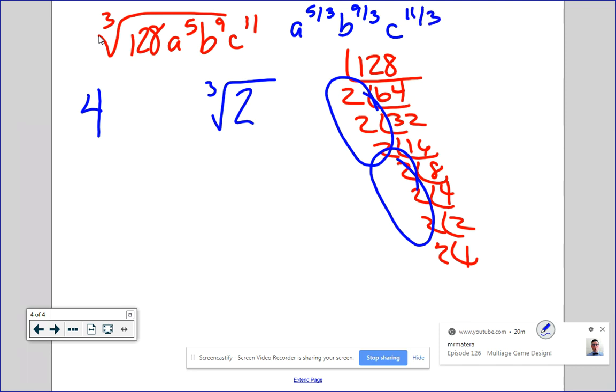Now I need to see, a to the 5/3: how many whole times does 3 go into 5? Once. So I pull the single a out, because it goes in evenly 1 time. Then what's my remainder? 2. So where does that go? Back in the fridge.